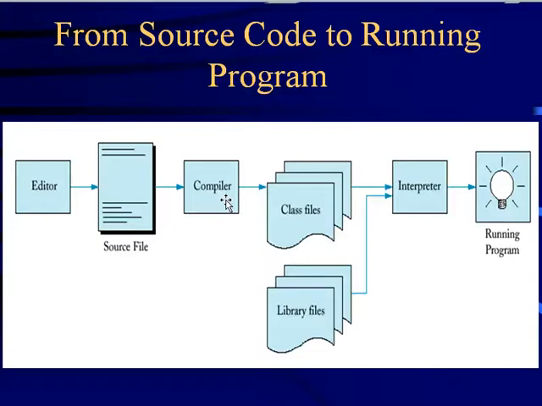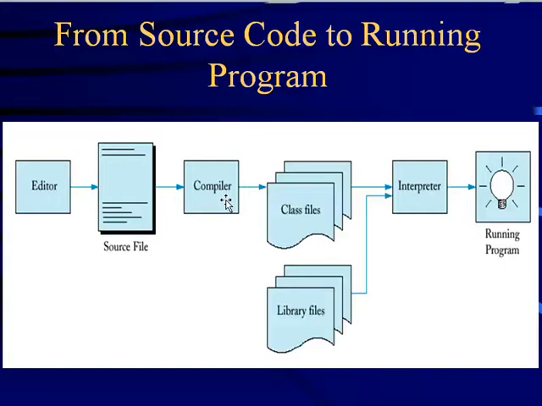So taking a step backwards, the class files are platform independent. We can compile those and then distribute them and run them on multiple computers. And the reason is the interpreter, the JVM, is platform dependent. In other words, if you have a Mac, you need to download a JVM for the Mac.